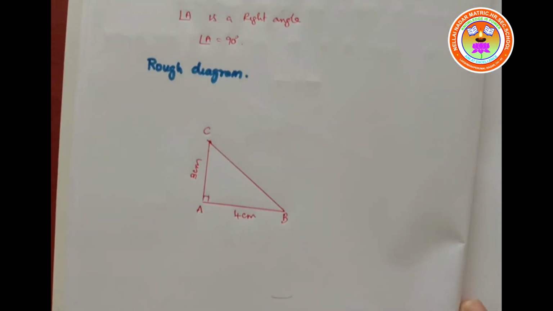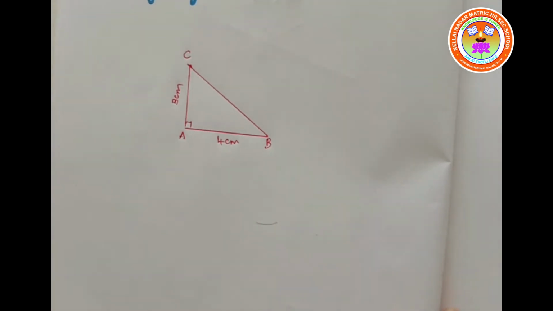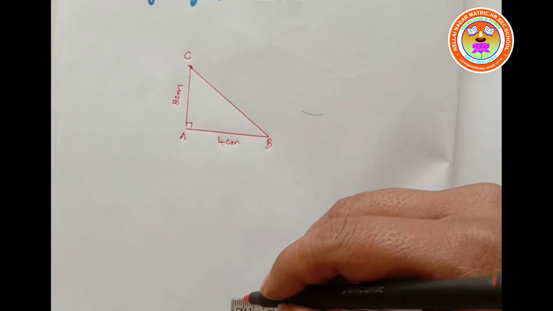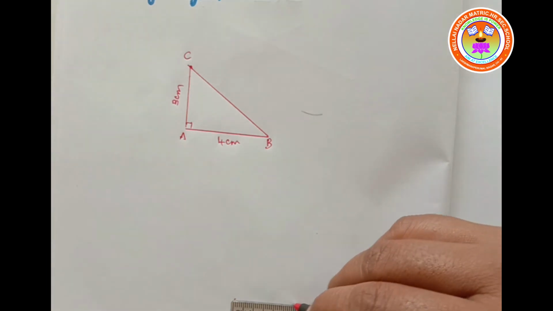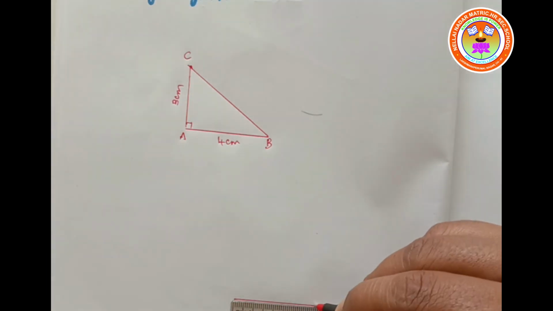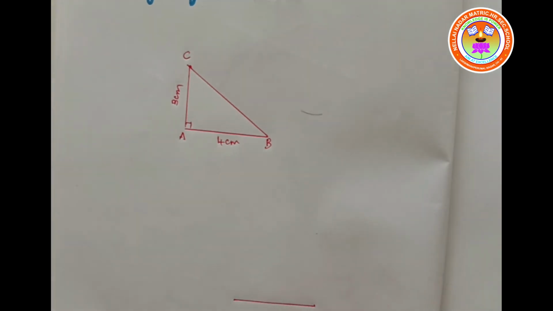With the help of rough diagram, you are going to draw a fair diagram. First draw AB equal to how many centimeter? 4 centimeter. Draw AB equal to 4 centimeter.